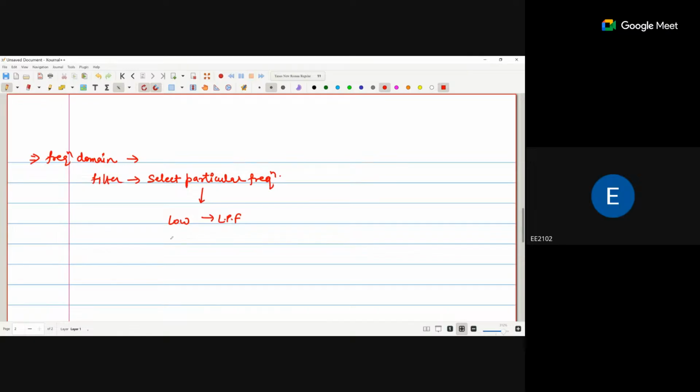If we want to pass a high frequency, we require a high pass filter. Or sometimes we require some desired frequency, so we use the band pass filter. And sometimes we require to stop a desired frequency, we use the band stop filter. So basically four types of filter we generally consider. Along with that one is the all pass filter.